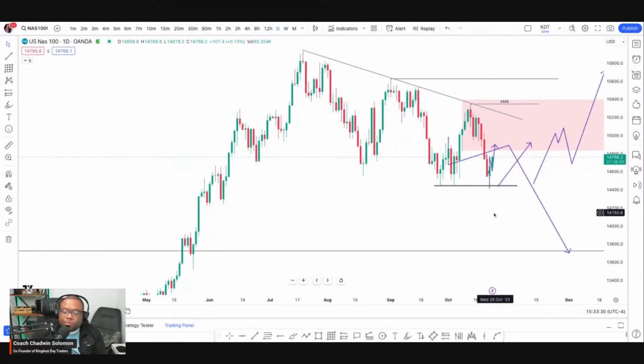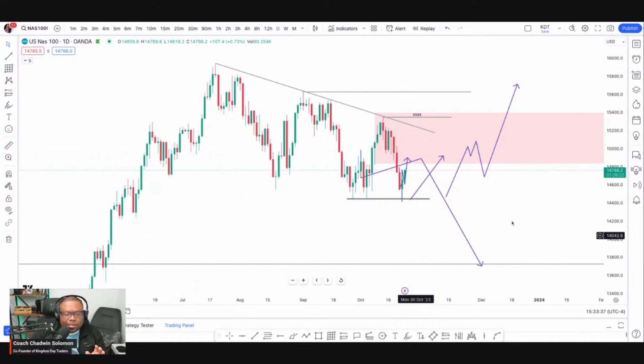We have to see what the market's going to do. What you feel is irrelevant, let me just tell you that. I'd love to see it go up, but that's what I want, right? But what the chart is showing me at the moment is it's going to go down. And until I see otherwise, there's nothing I can do about it.